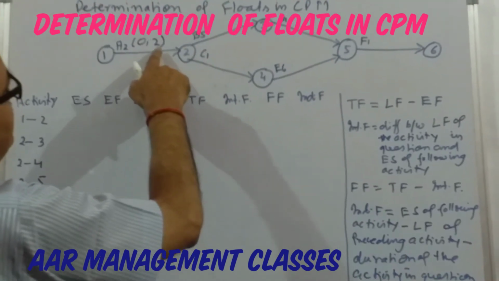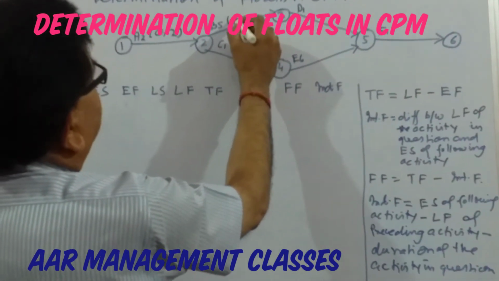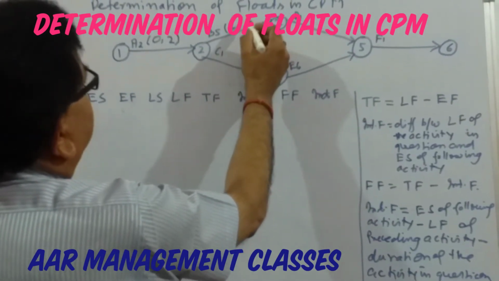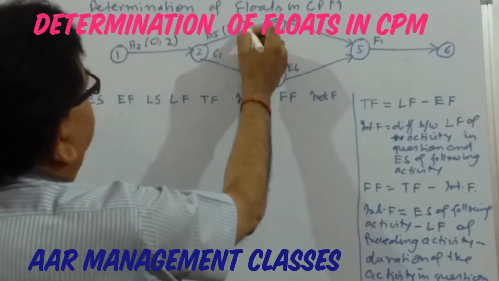earliest finish time is 2. This will become the initial time for activity B, and here earliest finish time is 7.